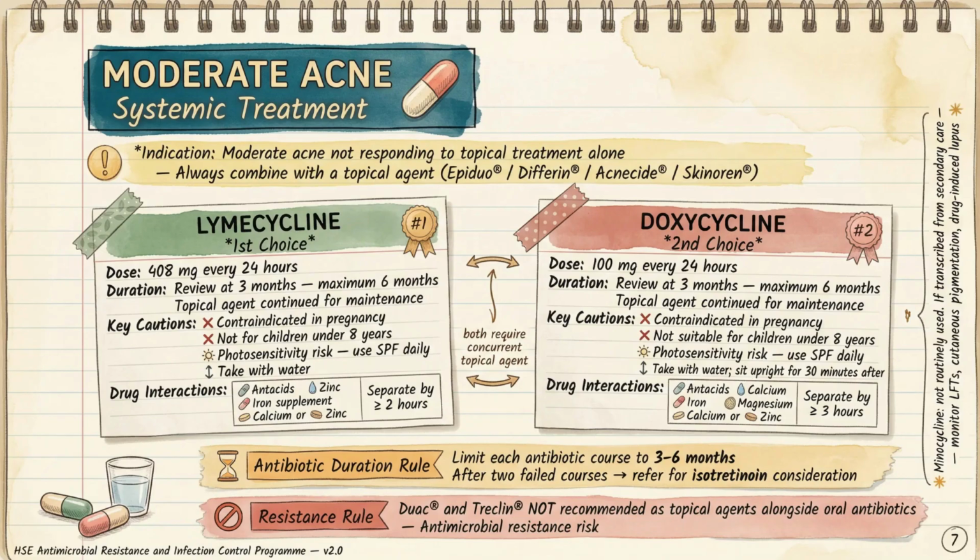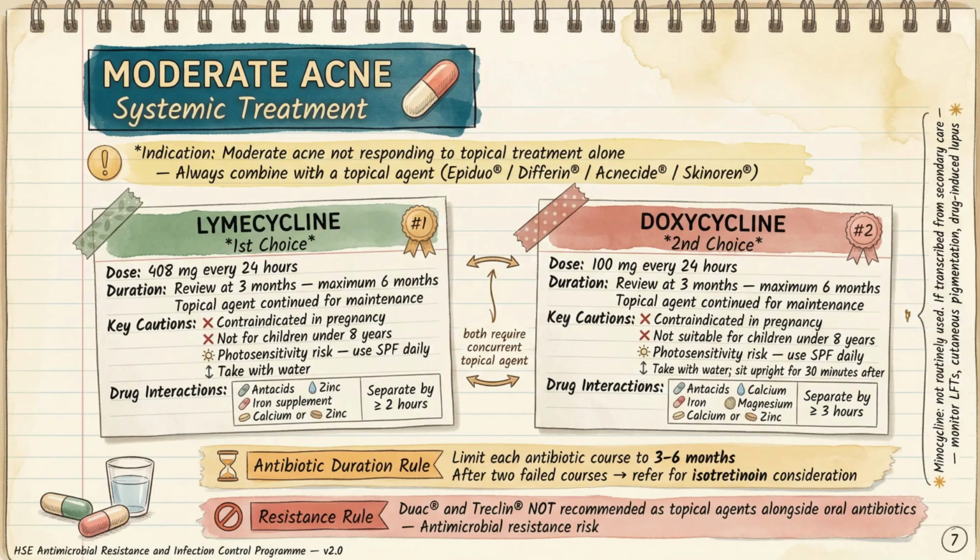For limecycline, it is contraindicated in children under 8 years old. It is contraindicated in pregnancy. Advise the patient to take it with a full glass of water. There is a photosensitivity risk, and absorption is impaired by antacids, iron, calcium, magnesium, and zinc-containing products, so these must be separated by at least 2 hours.